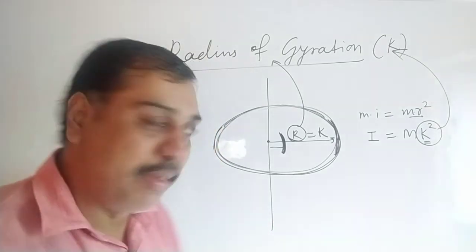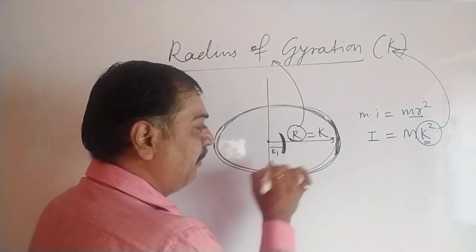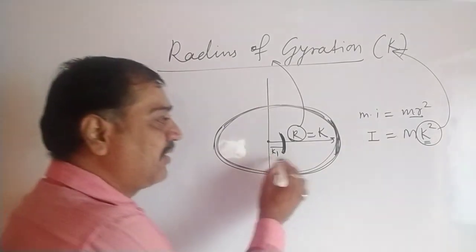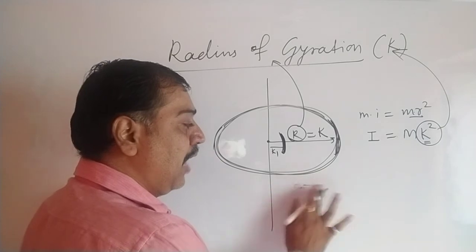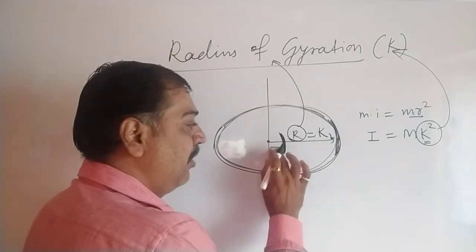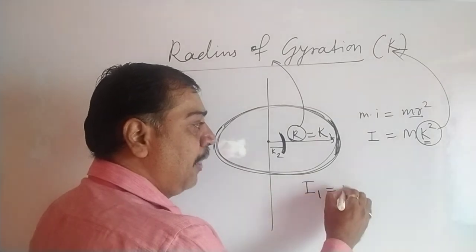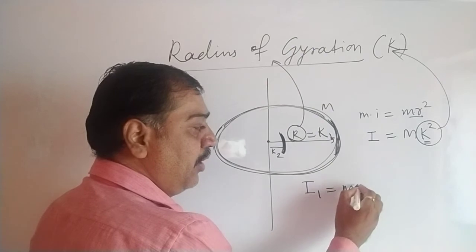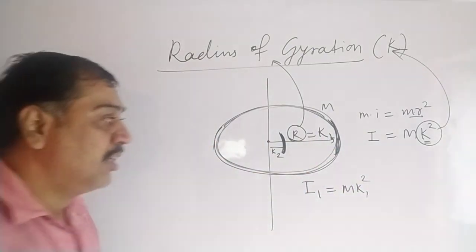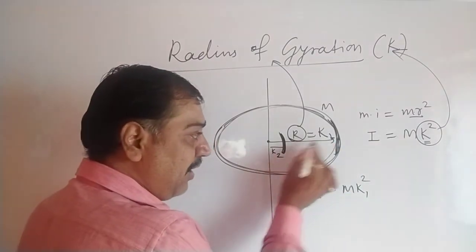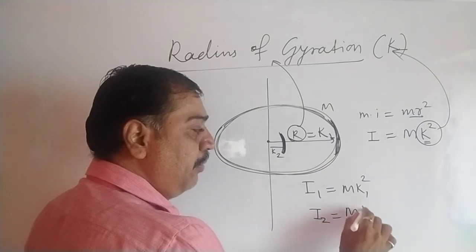Is that clear? So radius of gyration represents the distribution of mass in the body, and accordingly moment of inertia also changes. Let us consider the small one as K1 and the big one as K2. For K1, the moment of inertia I1 equals the mass of the ring into K1 square, m k1 square. For K2, the moment of inertia I2 equals m into K2 square.